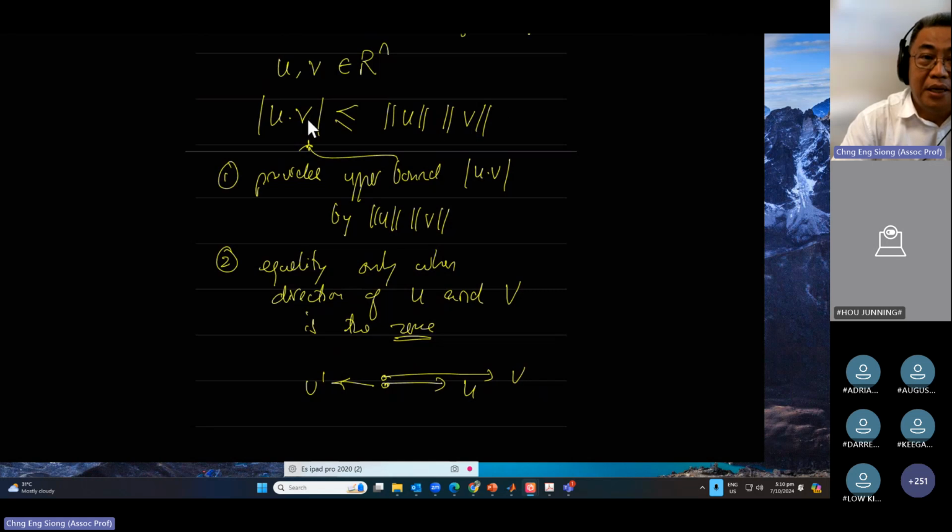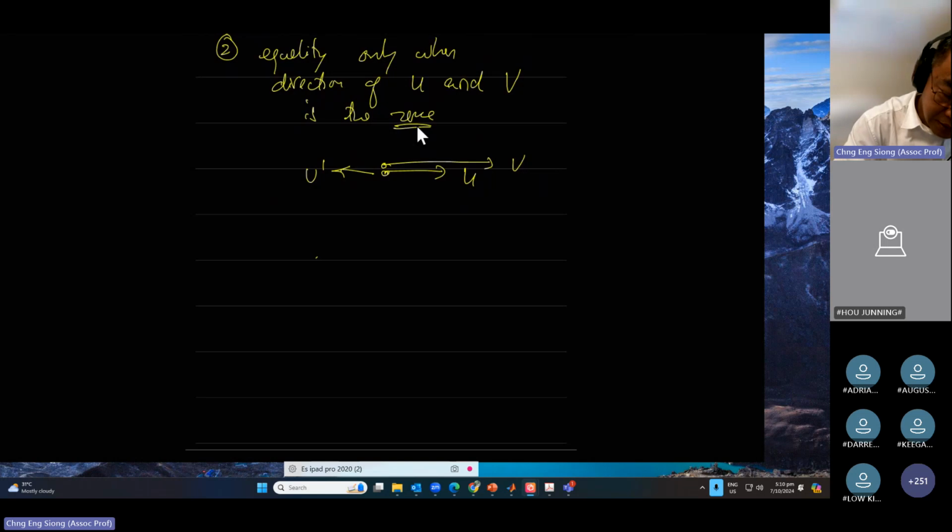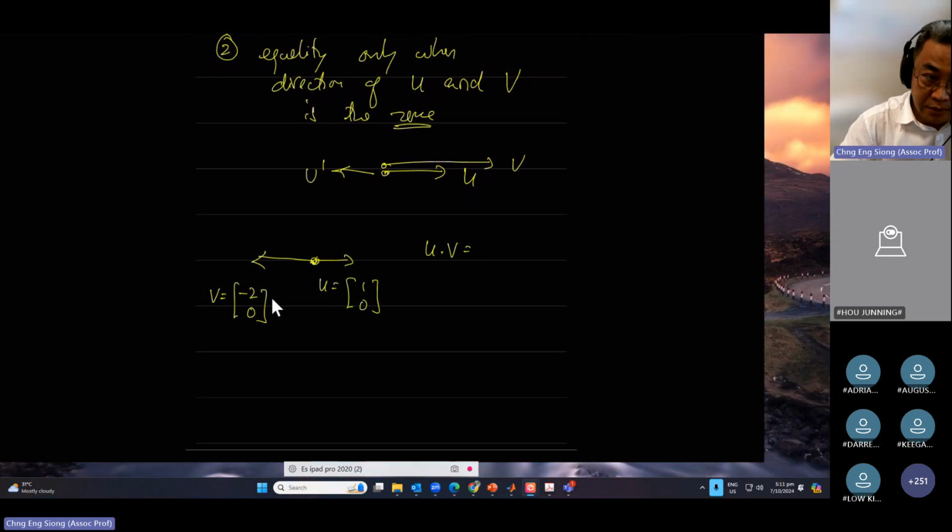When are they equal and when are they less than? Equal is the easiest to show you. So u is, let's say, (1, 0). v is (-2, 0). So what is u dot v? It is 1 times minus 2 plus 0 times 0, which is 0. Absolute value, then I get 2. So the absolute value of u dot v is 2.